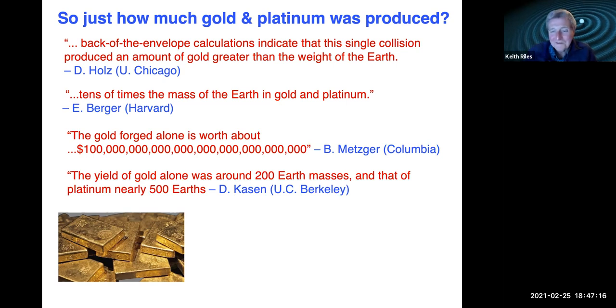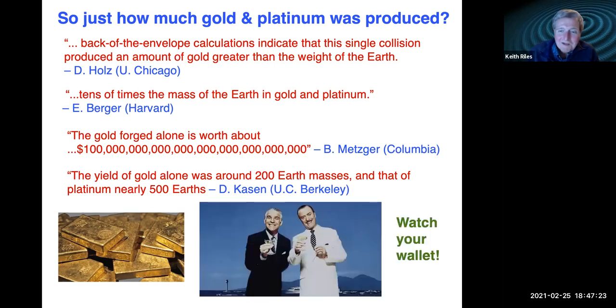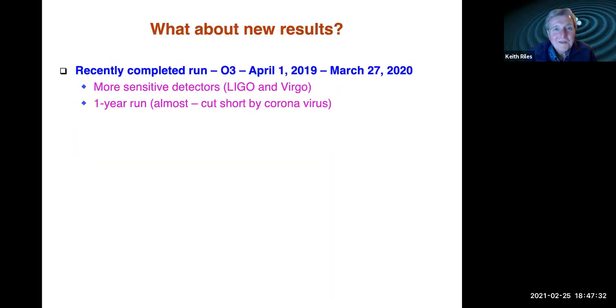And I have no idea which of those estimates is best grounded, but a lot of heavy elements were produced. If someone comes to you with a proposal for an interstellar expedition to harvest some of this precious metal, I would be careful.